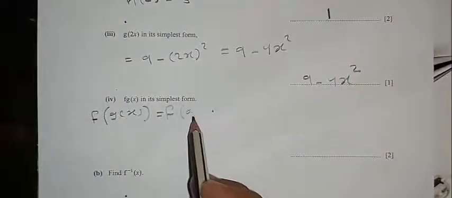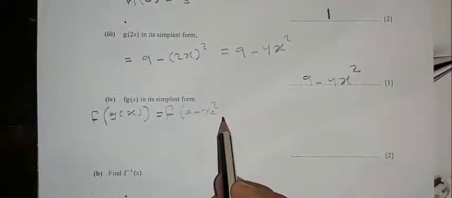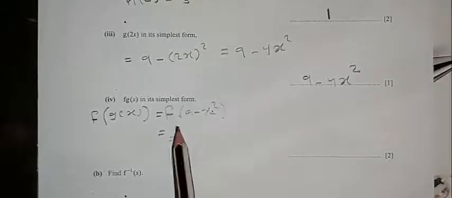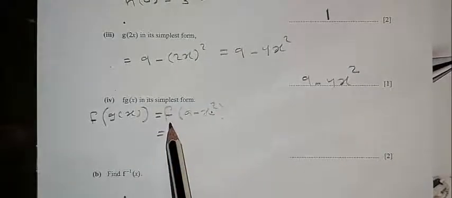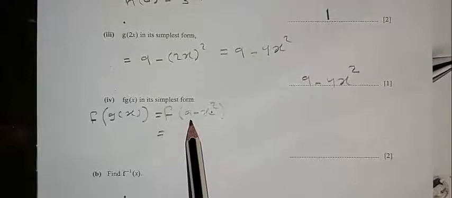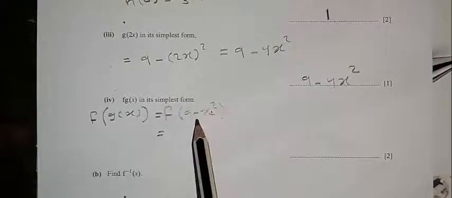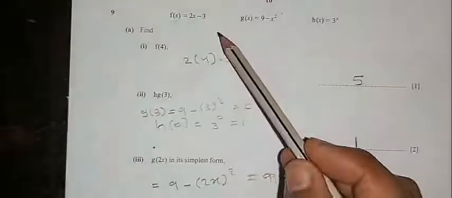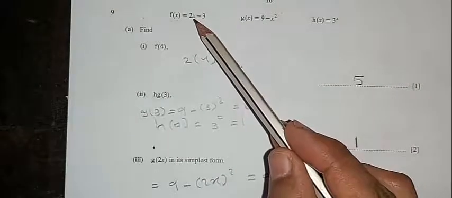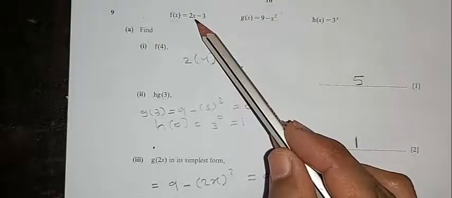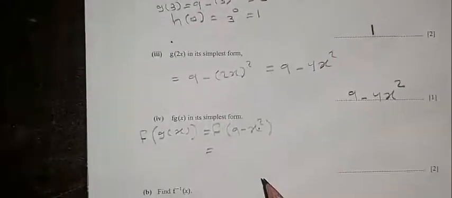So we go to the f function and replace any x with 9 minus x squared. f(x) is 2x minus 3, so we remove this x and put 9 minus x squared.